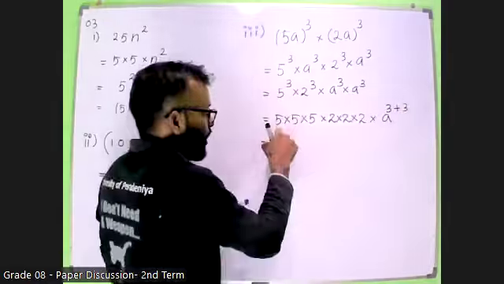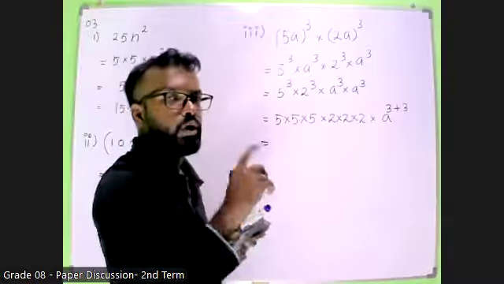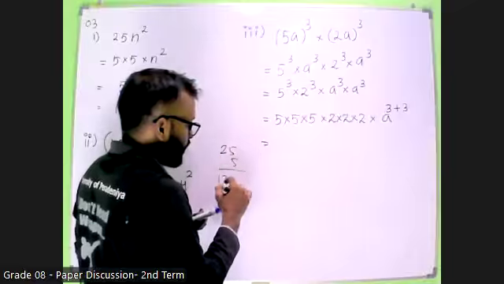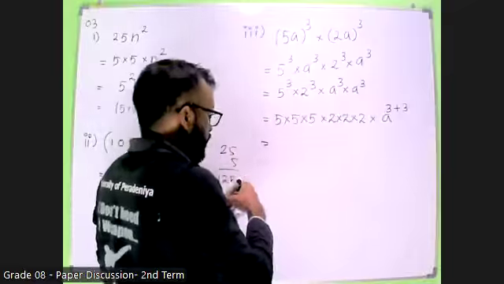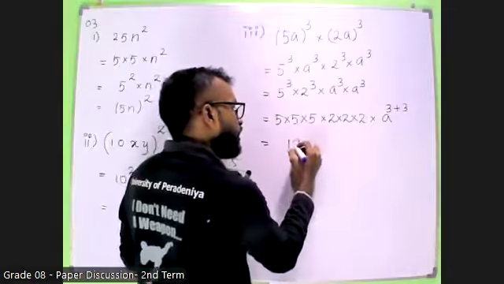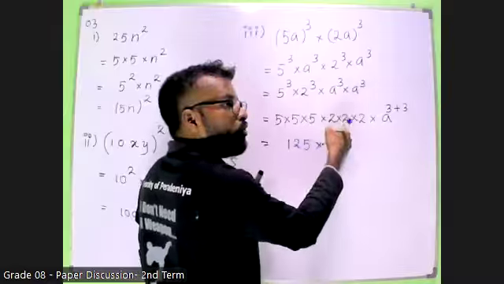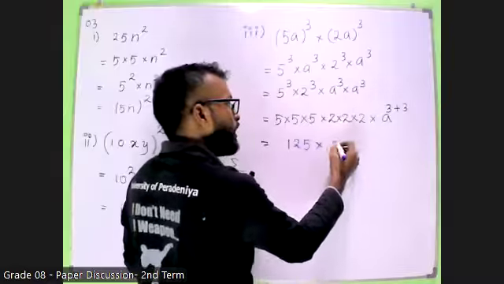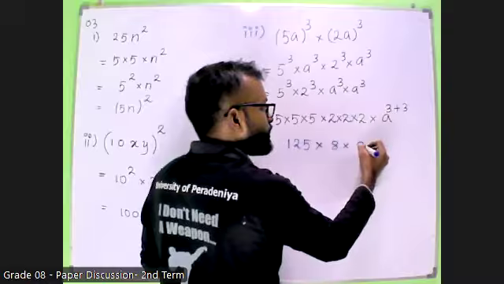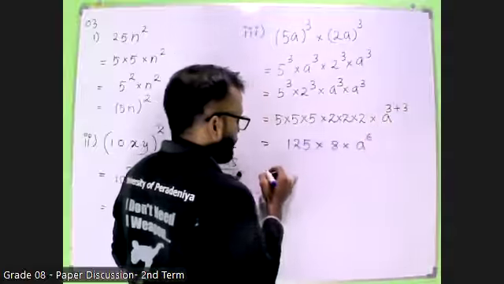So 5 times 5 times 5: 5 times 5 is 25, 25 times 5 is 125. 2 times 2 is 4, 4 times 2 is 8. Here the base is a, 3 plus 3 is 6.